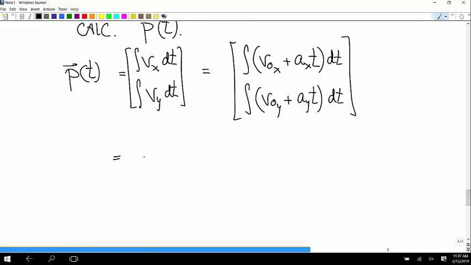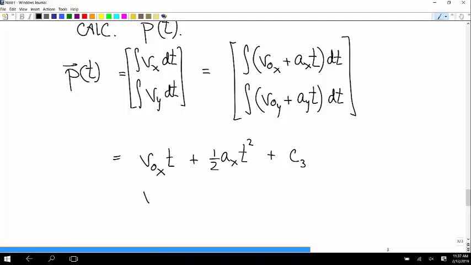Do that integral and you get V0x times t plus 1/2 ax t squared plus some new constant c3. That's for the x equation.